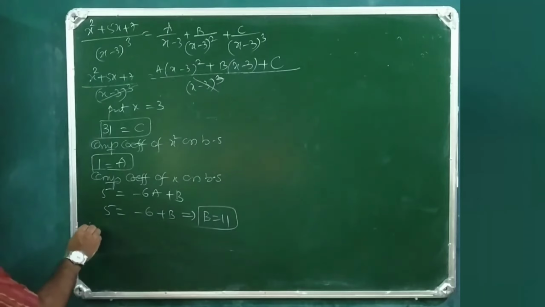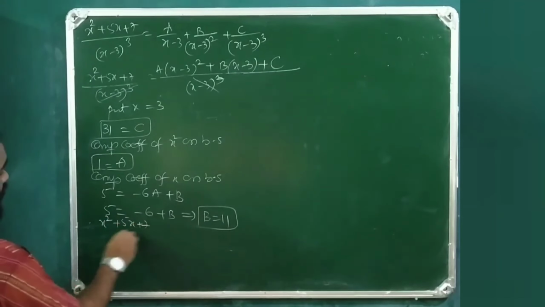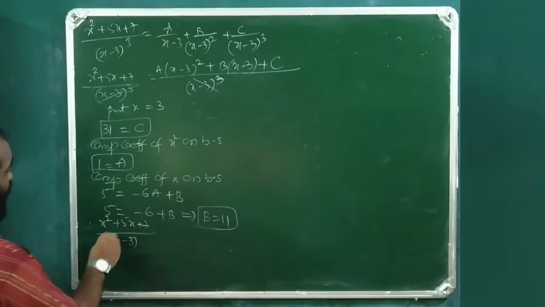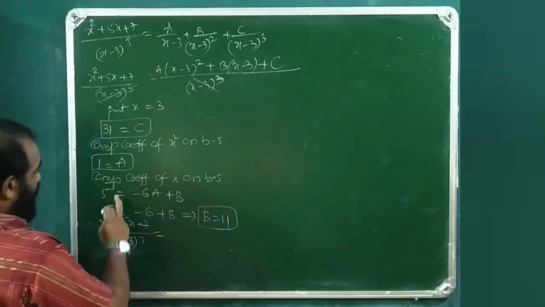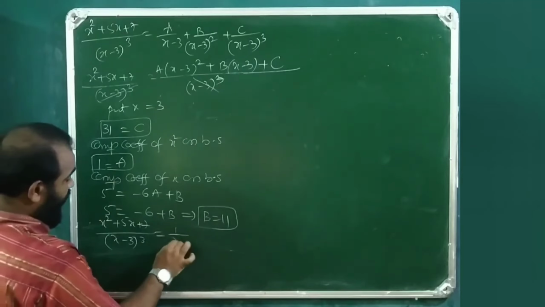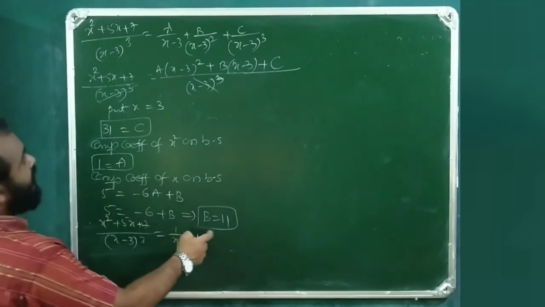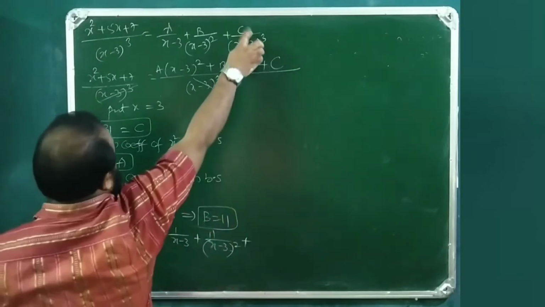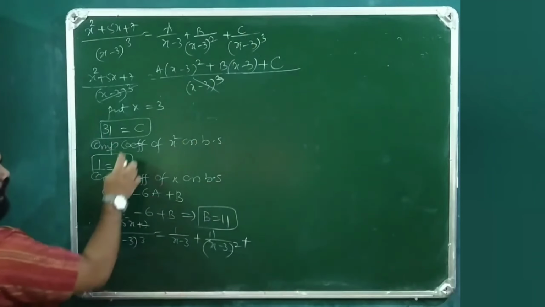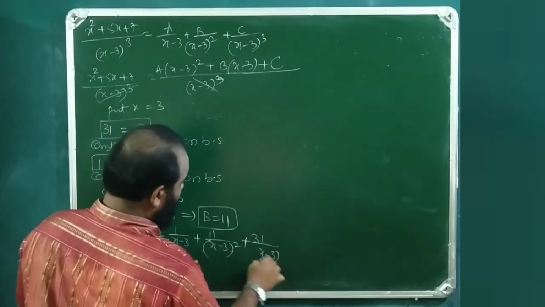So x square plus 5x plus 7 by (x minus 3) whole cube is equal to 1 by x minus 3, plus 11 by (x minus 3) whole square, plus 31 by (x minus 3) whole cube.